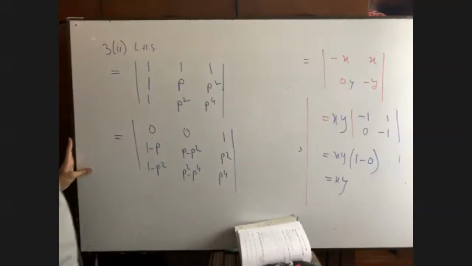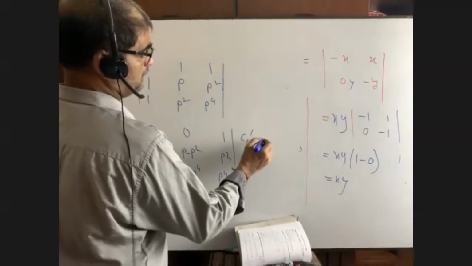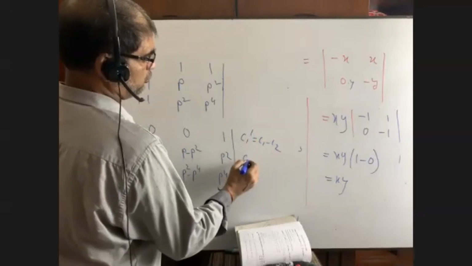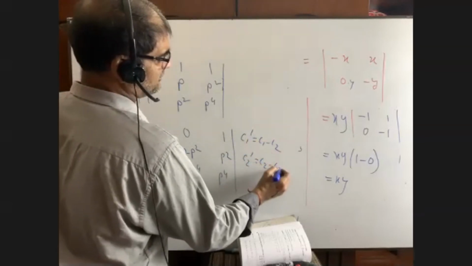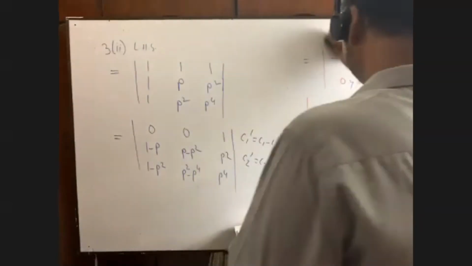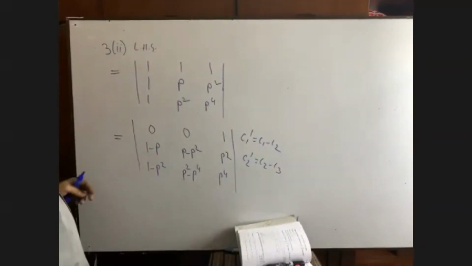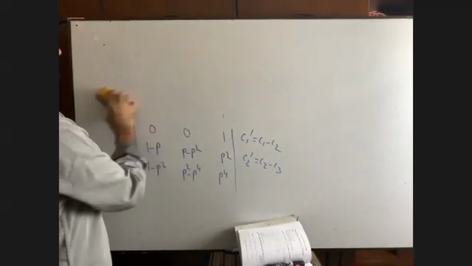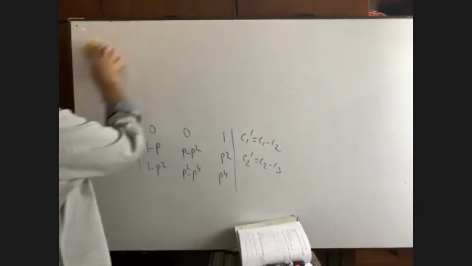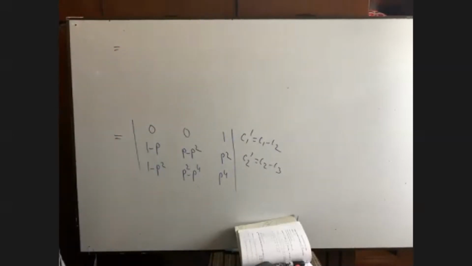Actually, what I have done, column to column has been subtracted. That is new column 1 is equal to column 1 minus column 2. New column 2 is equal to column 2 minus column 3. Okay, now do it by yourself. Have you copied it? Now you see one thing.